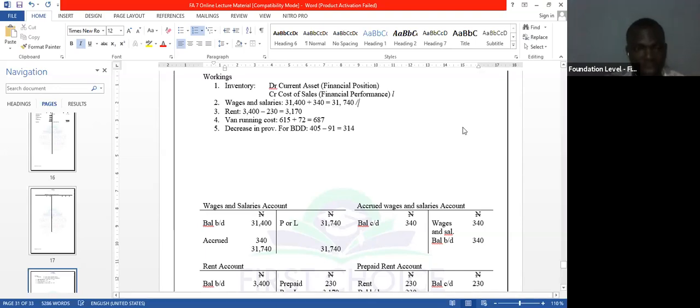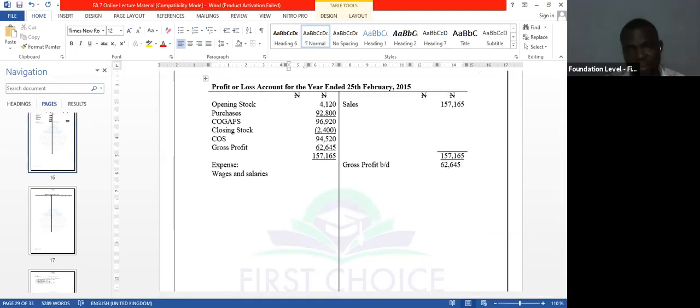So I'll come back. I'll put salaries and wages. I'll look at the additional information given to me that I've solved, and at my workings, and I put that to be 31,740.